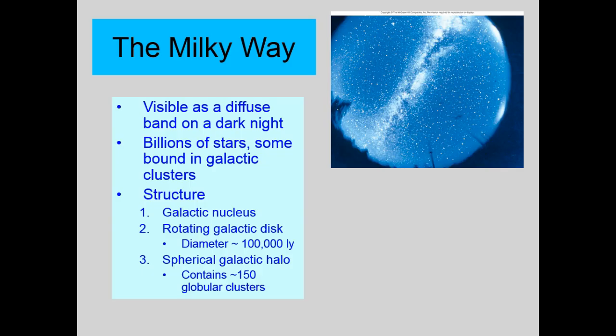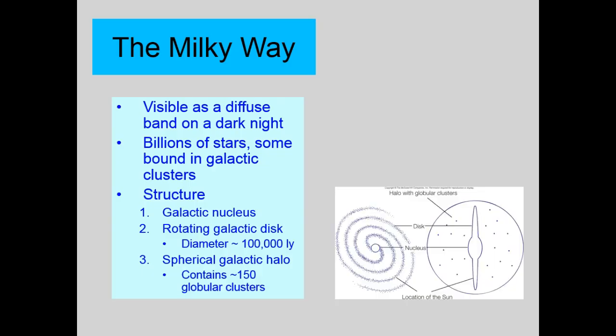Okay. So that's a magnified picture of the Milky Way taken on a very clear night, probably out in the desert where you don't have much humidity, and that's what you're seeing. Now, here's the illustration of it. This is looking down on our galaxy. Here is that galactic nucleus, such a massive grouping of stars there.